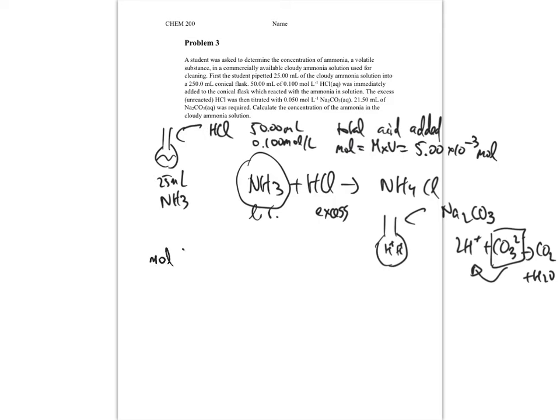The moles of sodium carbonate is equal to the molarity times volume, which in this case is equal to 1.075 times 10 to the minus 3 moles. Of course, I used this information up here to calculate this number.